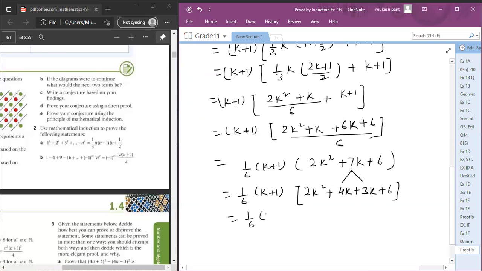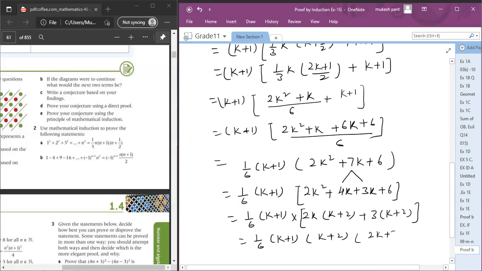What is common here? 2k is common in this one: 2k, (k plus 2). What is common here? 3. So (k plus 2). So 1 over 6, (k plus 1), (k plus 2), and (2k plus 3).